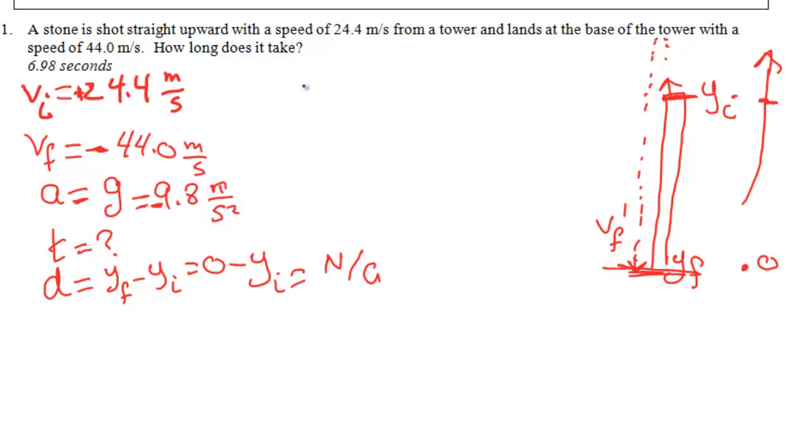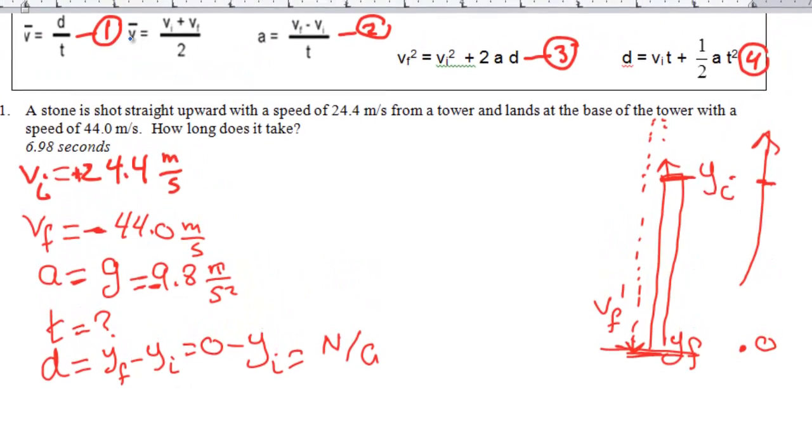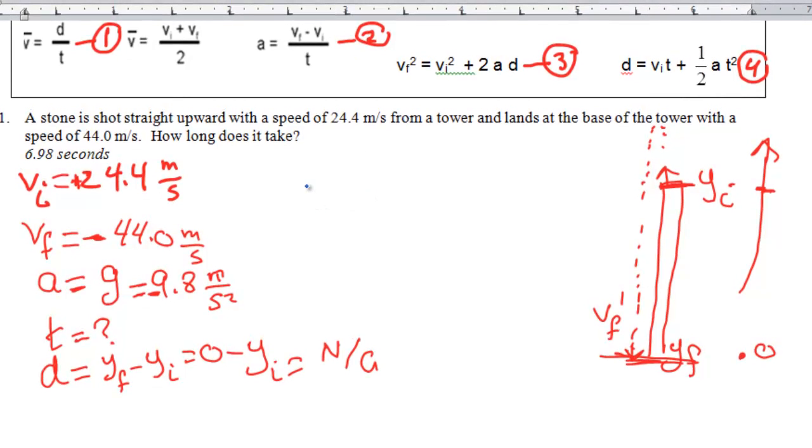Okay, let's go and work on the problem here. So we'll be using equation number 2 here to solve, and we are going to solve for t. So we are going to rearrange the equation to solve for t. Therefore, t will be equal to exactly v final minus v initial over the acceleration.